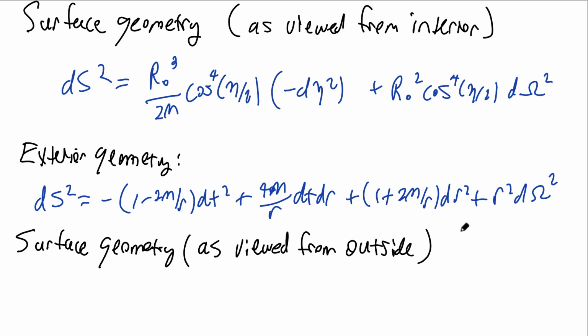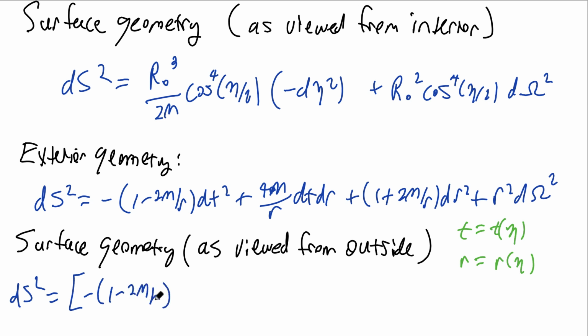Then the surface geometry as seen from the outside is obtained by inserting t as a function of eta and r as a function of eta into this line element. And what we obtain then is ds squared equals minus 1 minus 2m over r, now that's r as a function of eta, times, and dt I'm going to write as t dot times d eta, and I'll put the d eta outside of all of these terms.